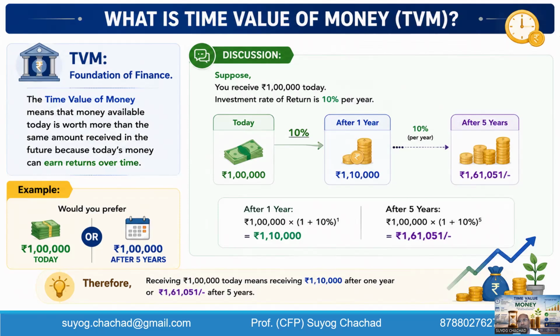That means if you invest this money at, let's say, 10% return or interest rate, it will grow to 1,10,000 in 1 year, or in the next 5 years at the same rate of interest you will get 1,61,000. So your capital as well as interest is getting compounded over this period, and this 1 lakh grows to 1,61,000. So TVM is nothing but a foundation of finance.